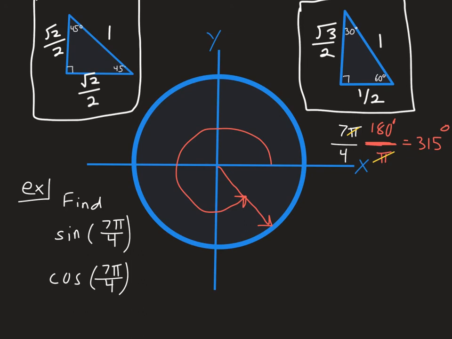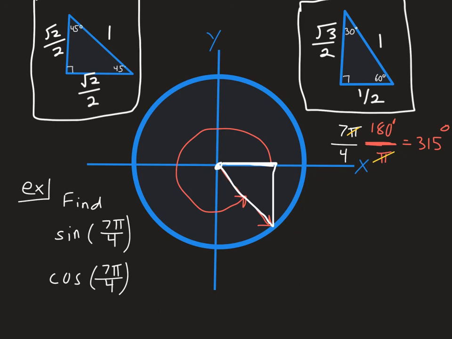Okay, I want to draw my triangle so that it is connected with the x-axis. So I'm going to make it right there. I went 45 degrees, or π/4, past this last mark here. That means this is 45 degrees, and also this angle in my triangle is 45 degrees as well.